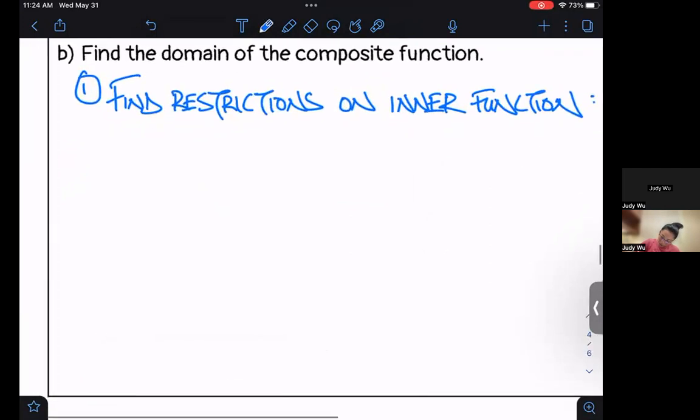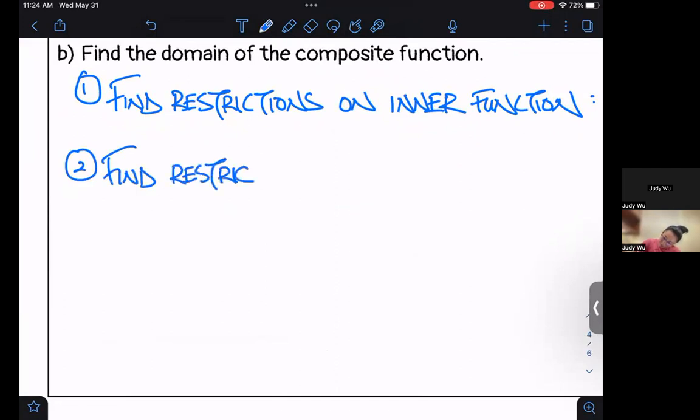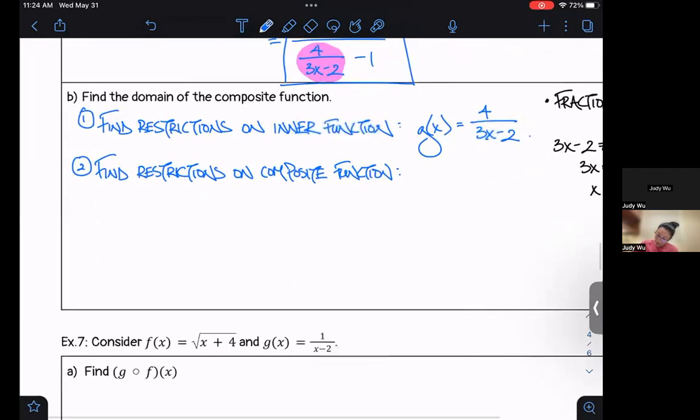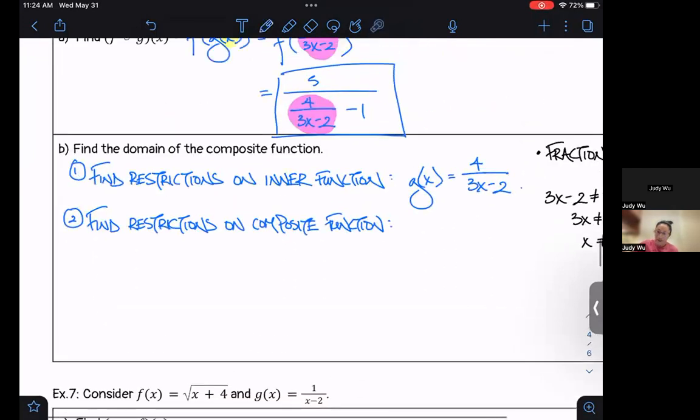But after we do that, what we need to do is find the restrictions on the composite function. All right, we need to find the restrictions on the composite function. And this, my friends, is our composite function. Okay.